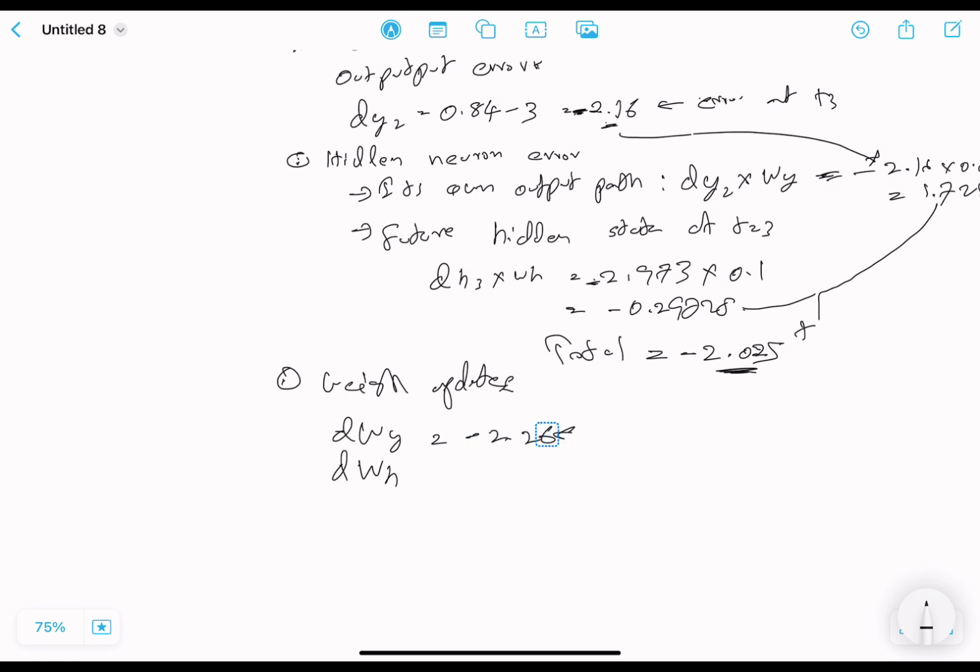Weight of hidden state 1.0125 minus 4.054. So all links feeding into H2 are corrected in here, right?